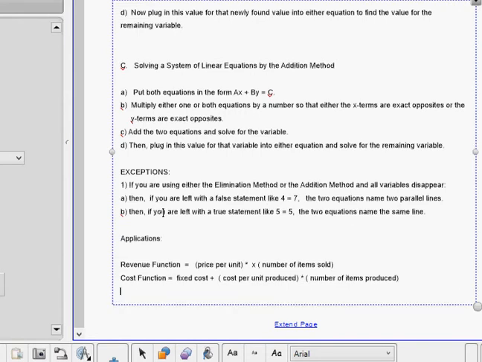And break-even point is the point of intersection of these two functions, where revenue equals cost.